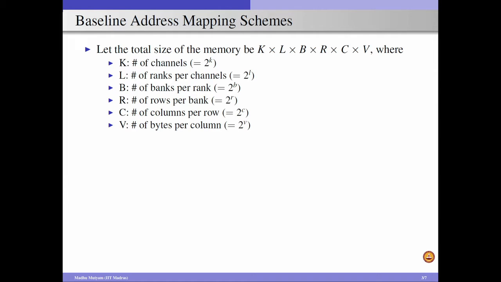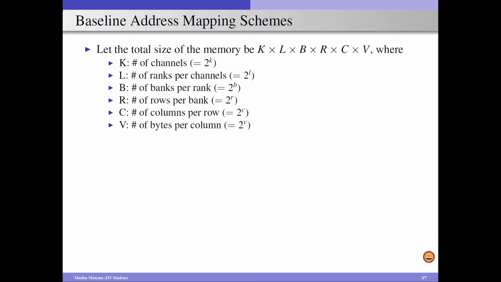So consider a memory system with K channels, each channel having L ranks per channel, and each rank has B banks in it, each bank has R rows in it, and each row has C columns, and each column has V bytes in it.